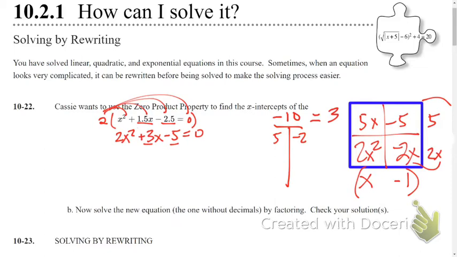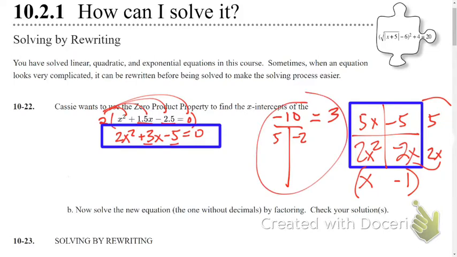So once I multiplied everything by 2, as you see there, I was able to factor it, right? My factors of negative 10, a times c, that 2 times the negative 5 got me that negative 10, and I factored it, and it gave me a 5 and a negative 2 that will add up to my middle term of 3x.